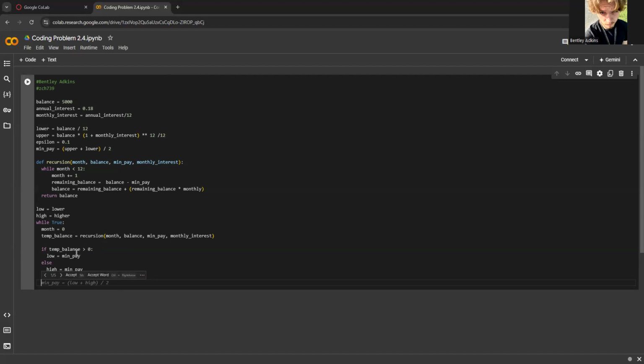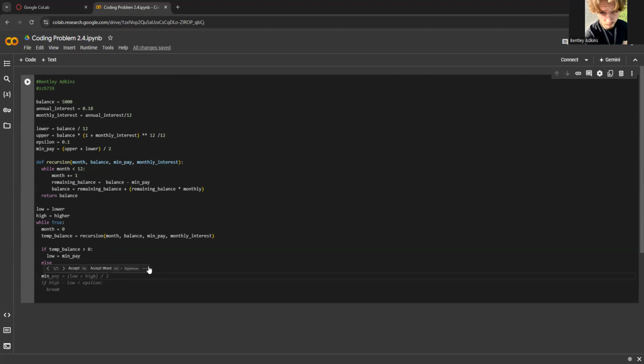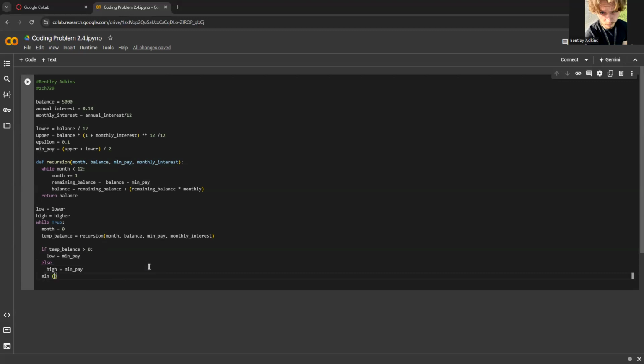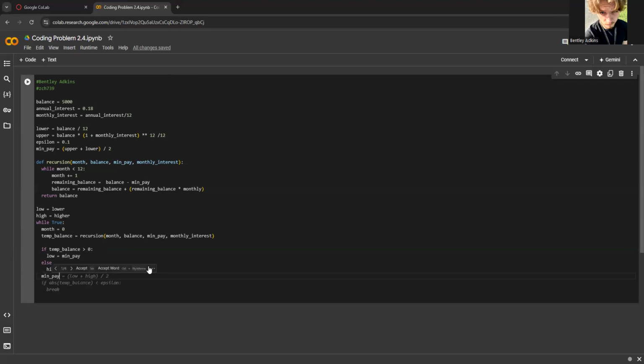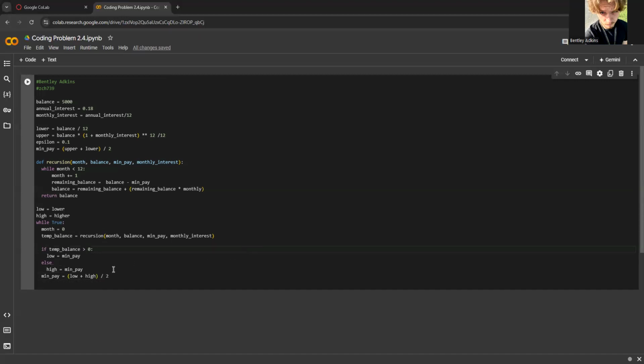And then while all that is true, and after all that occurs, the minimum payment, actually, hold up, we have to define the minimum payment. So minimum payment is going to equal the low plus the high divided by 2.